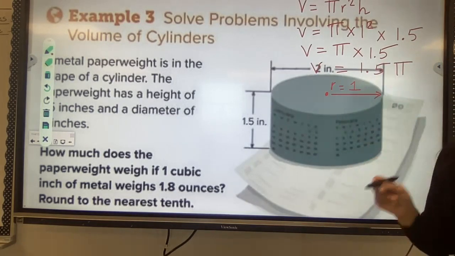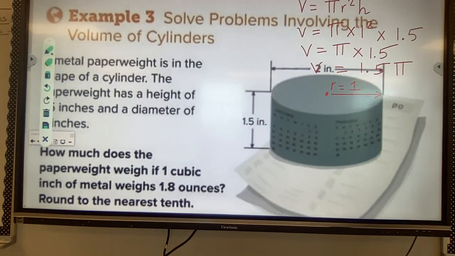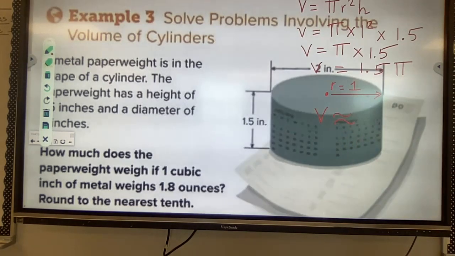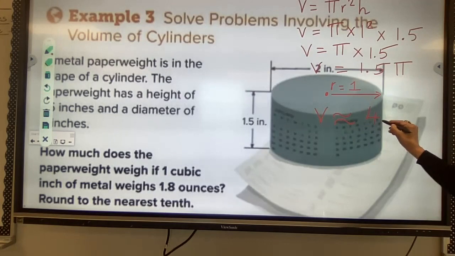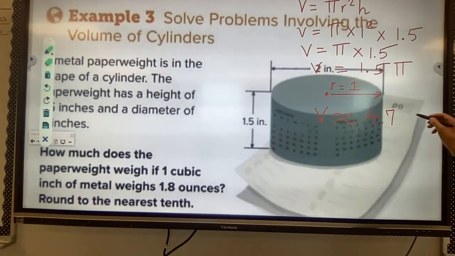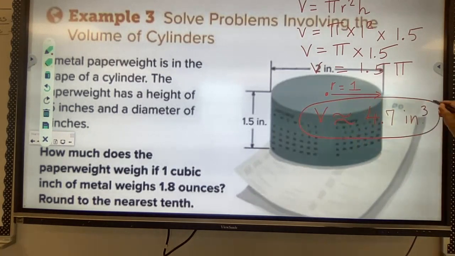And if I was using a calculator and I would round to the nearest tenth, I would get volume is approximately 4 and 7/10 cubic inches. Okay, so this is my volume first. So this was my first step.